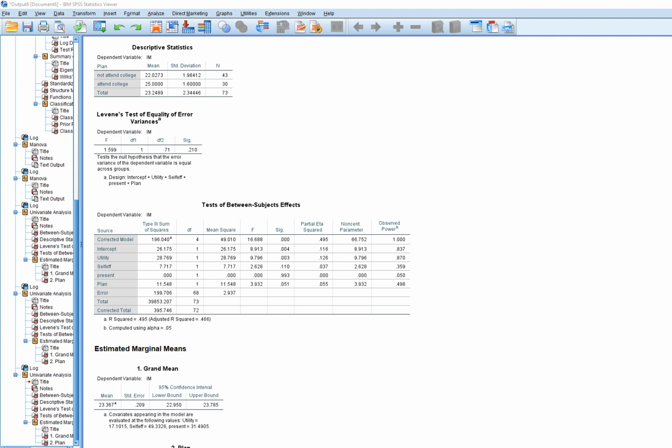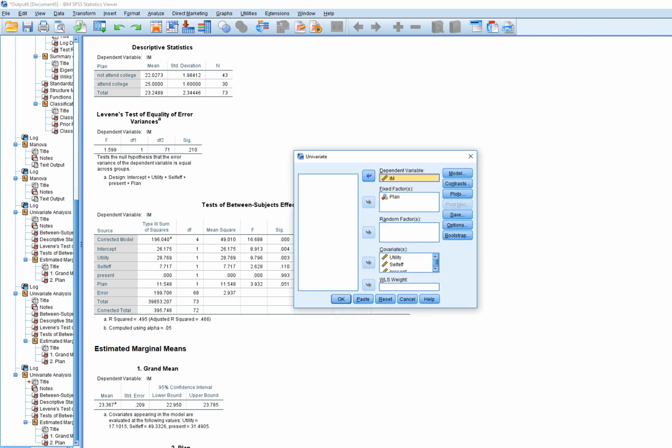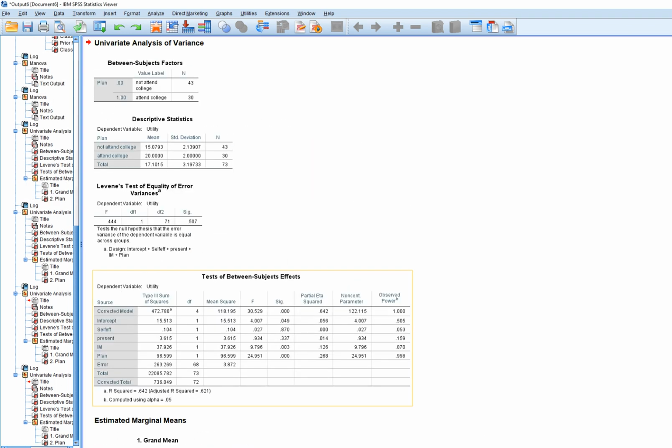And then when we have utility, you can see that we have significance there. Just keep in mind that as we're going through these multiple tests, you do have the risk of increasing the type 1 error rate across a set of tests.